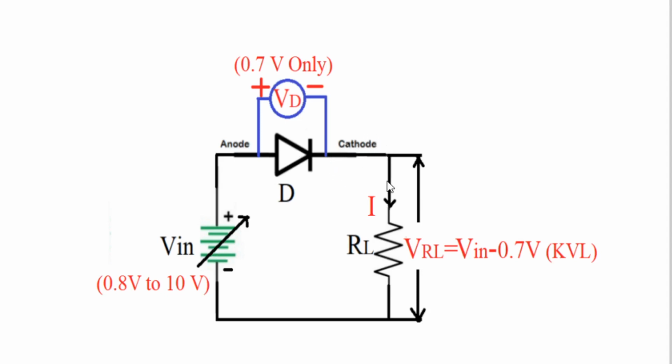But again remember, whenever you measure the voltage across the diode by connecting anode of the diode to the positive of battery and cathode of the diode to the negative of battery, the voltage across the diode after 0.7 volt of input voltage is always equal to 0.7 volt only.